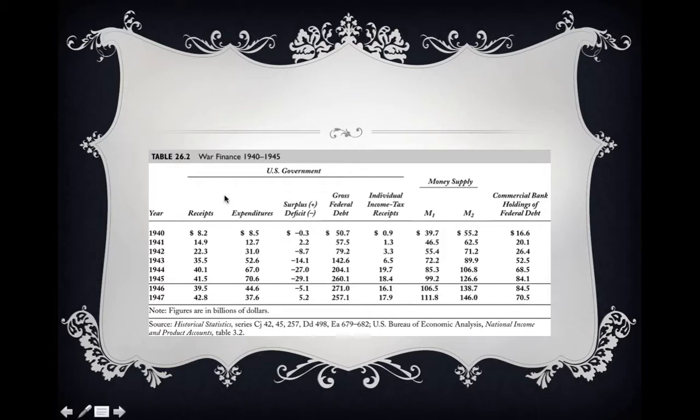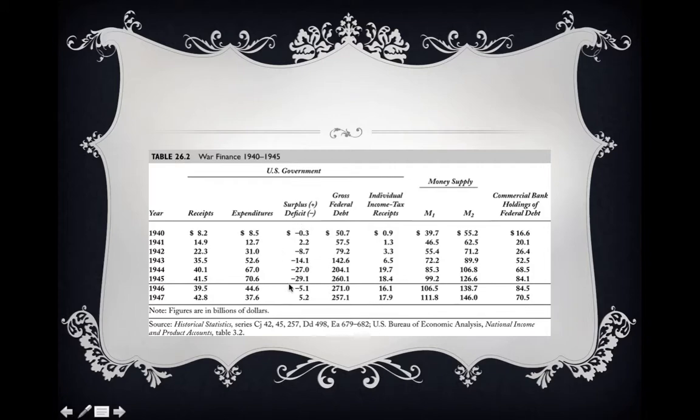So I want you to realize that a portion of the financing that was needed for the war effort came from increases in taxes. Those increases in taxes did not keep pace with the increases in expenditures, which meant that we ran a deficit.